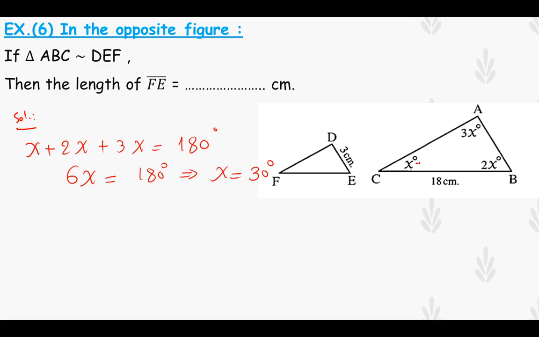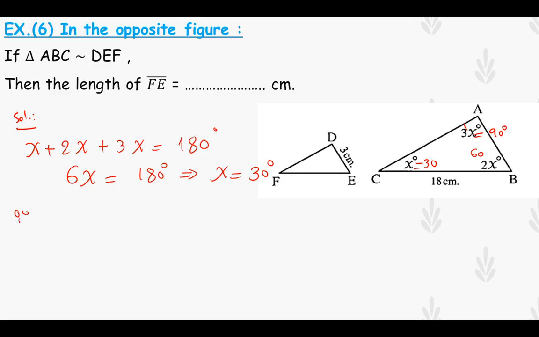Here x equals 30 degrees, measure of angle B equals 2 times x, which equals 60 degrees, and measure of angle A equals 3x, 3 times 30, which equals 90 degrees. Okay?